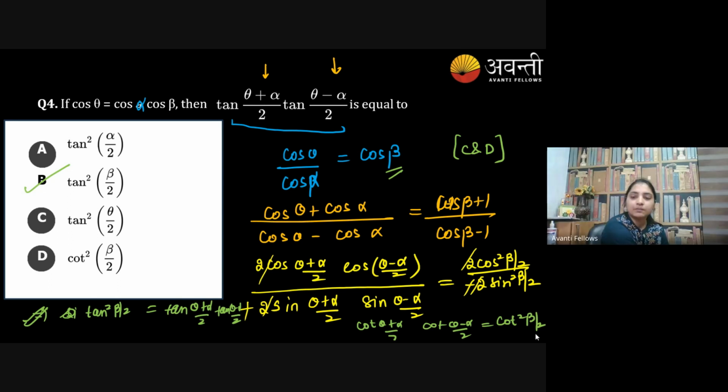So simply reciprocate each other. Clear? If having doubt, then let me know. Can we move ahead? Everyone, let's move ahead.